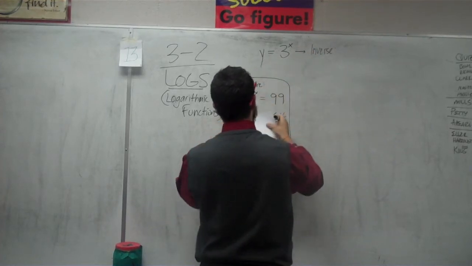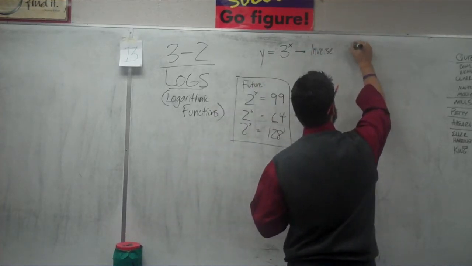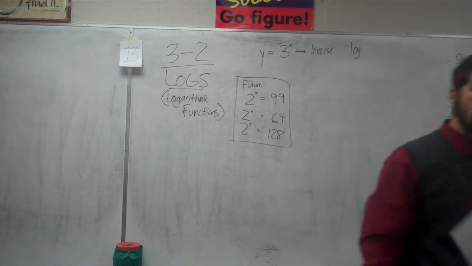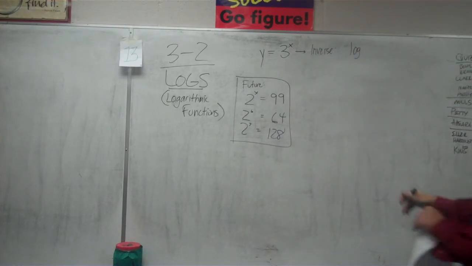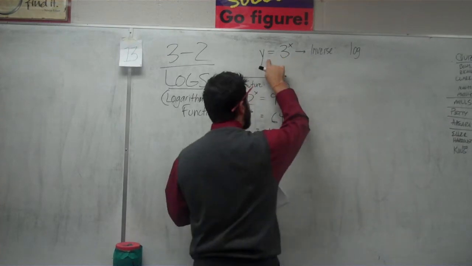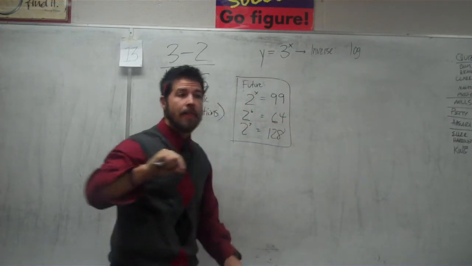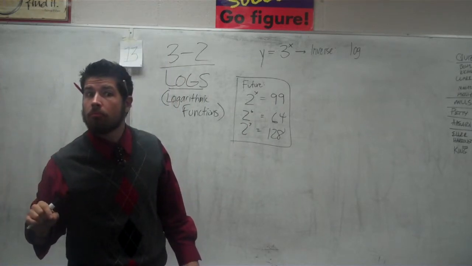And if I give you y equals 3 to the x, the inverse is something called log, lowercase letters, L-O-G. And in this case, my base is 3, because that's the number that I'm raising to a power.